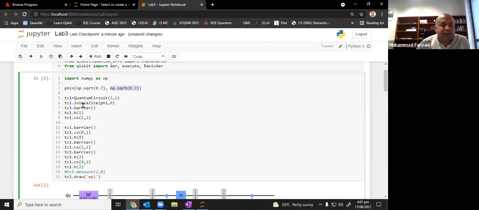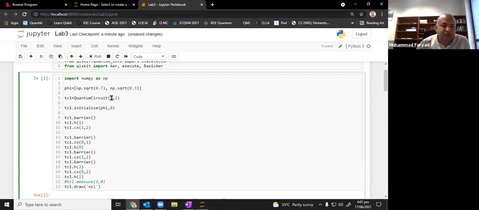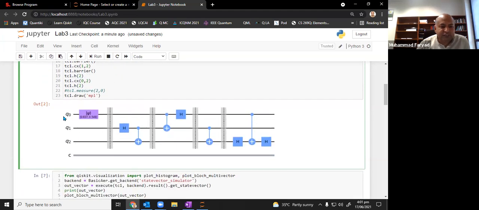so that I can initialize this TC1 circuit, the 0th qubit, with this state phi. So this is how you can arbitrarily initialize. I called a circuit with 3 quantum bits and 1 classical bit. So this TC1 is my circuit, and I'm initializing the 0th qubit with this state phi. As you can see, this Q0 is now arbitrarily initialized.